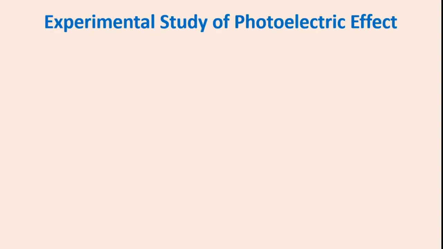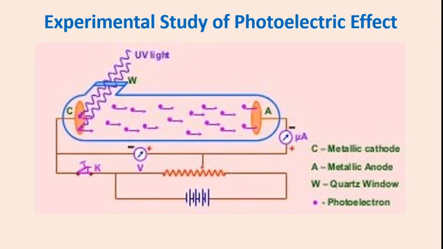Now we will discuss the experimental setup to study the photoelectric effect. This is shown in the figure. Here a cathode and an anode are enclosed within a glass tube, and both are subjected to a potential by this battery and potential divider.